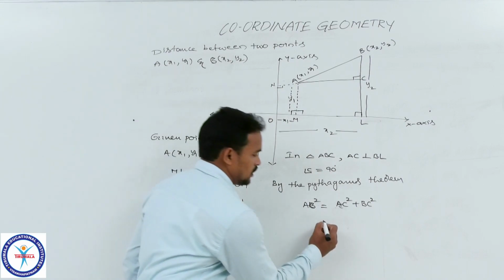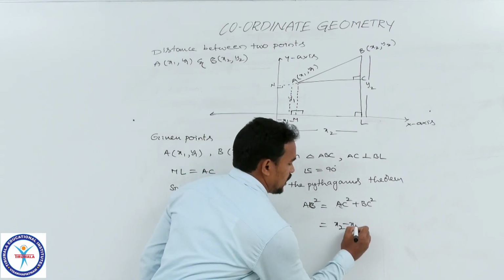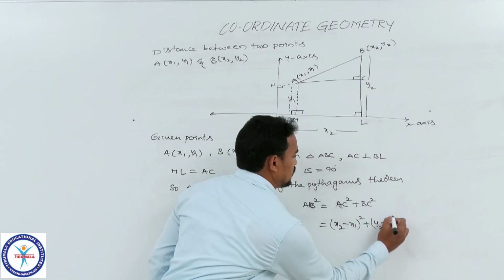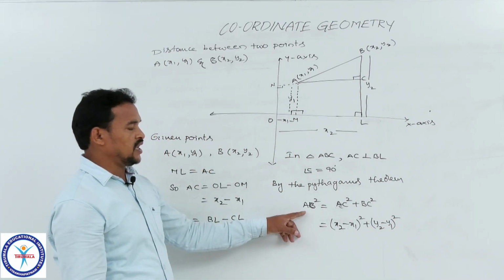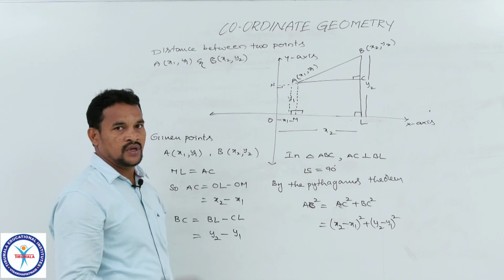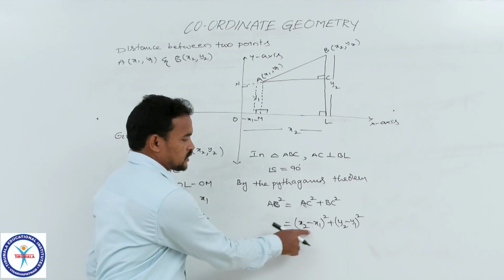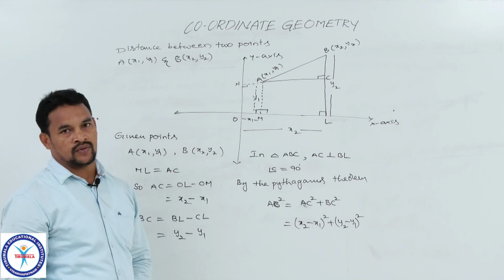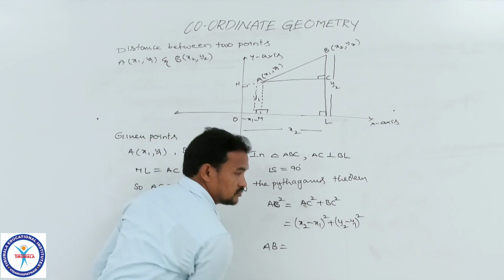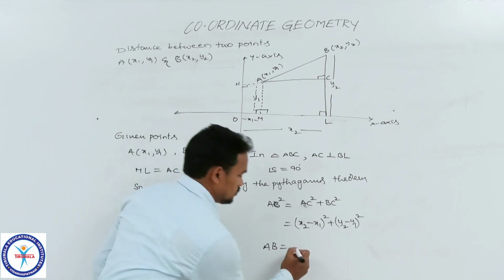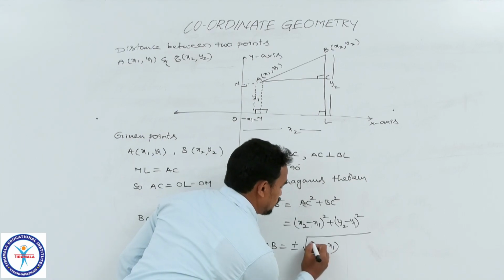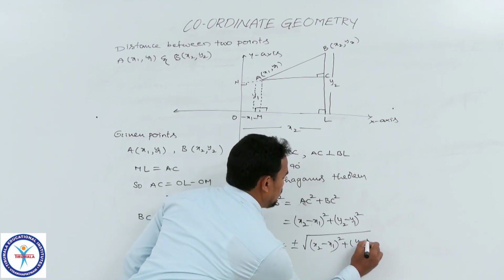So x2 minus x1 whole square plus y2 minus y1 whole square is AB square. Now what we want is the distance from A to B, that is AB. Taking the square to the other side, AB equals plus or minus root over x2 minus x1 whole square plus y2 minus y1 whole square.